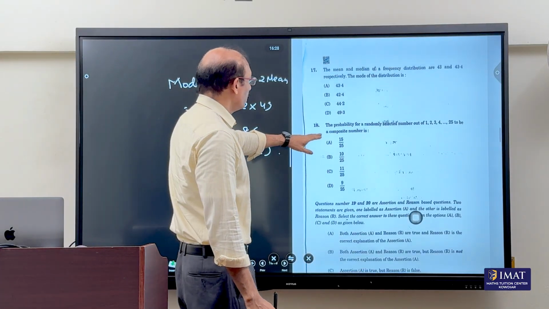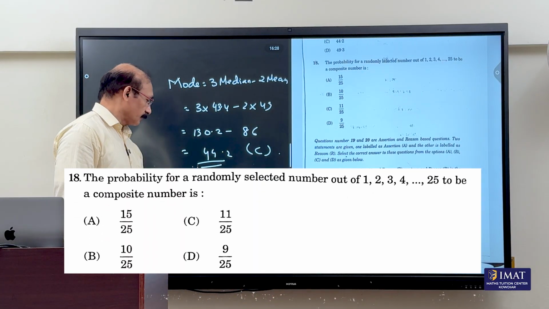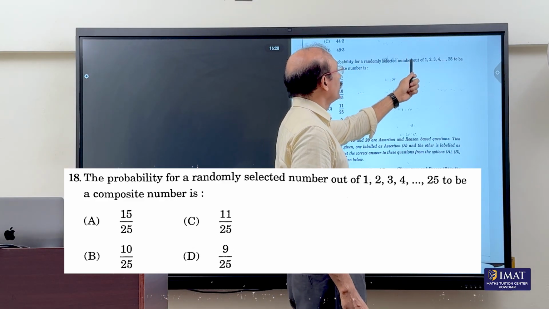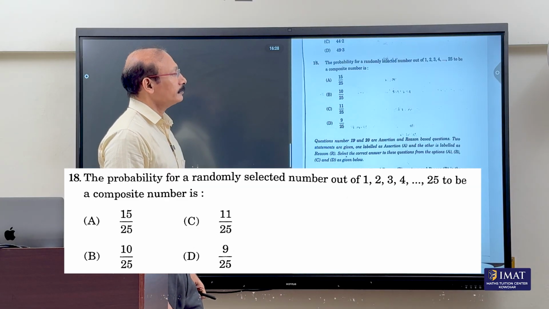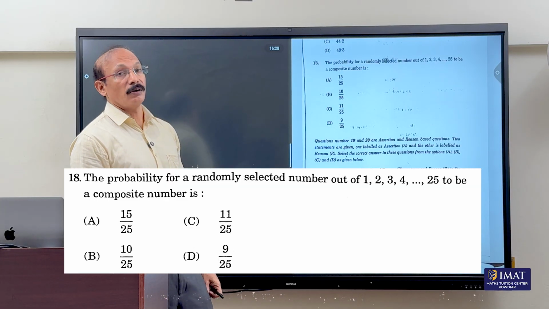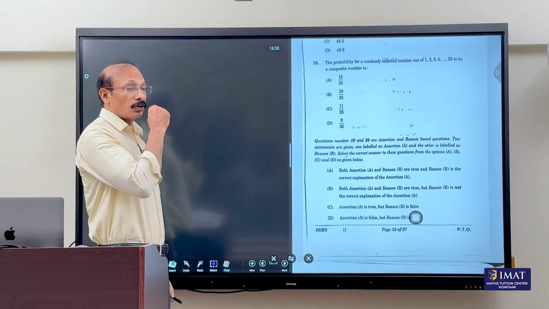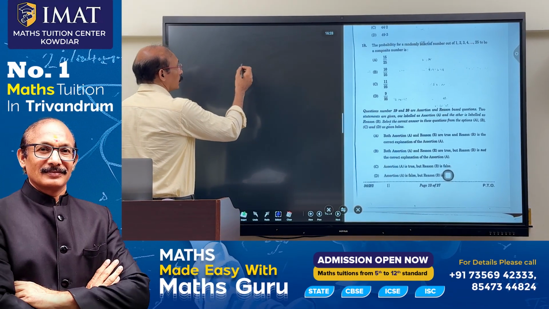Coming to the next question, question number 18. The last objective question. The probability of a randomly selected number out of 1, 2, 3, 4, 5, up to 25 to be a composite number. Now, what is a composite number? A number which is not prime and it should not be a neutral number, which is 1. What are the numbers which are prime and neutral?